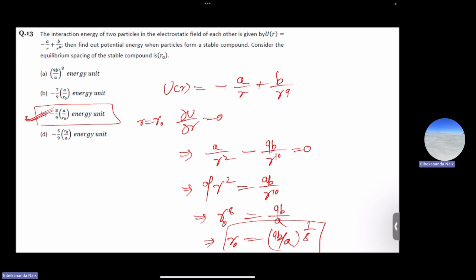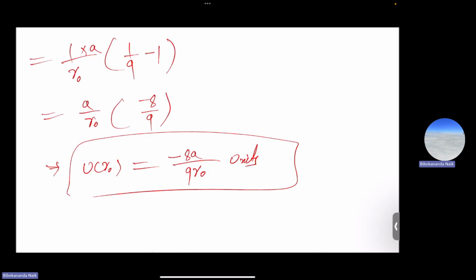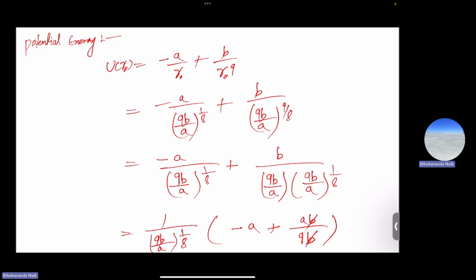First we calculated the equilibrium distance: for minimum potential energy, the derivative of potential energy with respect to R is 0. Equating those, we get (9B by A) to the power 1 by 8, which is the equilibrium distance. If you put this value in, you will get the potential energy as minus 8A divided by 9R0 units. So the correct option will be option C.